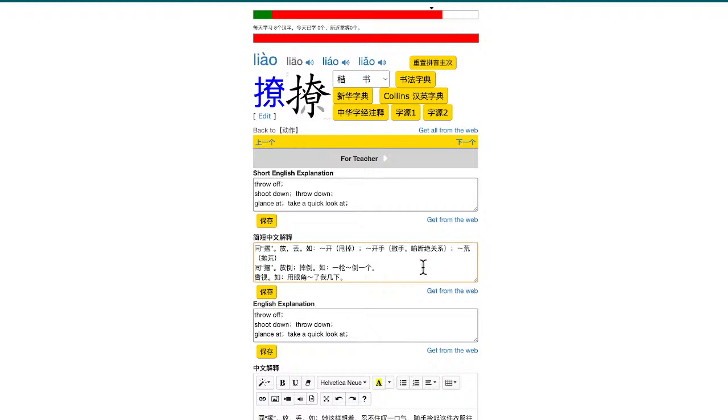Oftentimes people get mixed up and just use them interchangeably. With enough people doing that, this kind of usage, originally wrong, becomes right because so many people use it that way. This is one of those cases. So 撂 means throw off, shoot down, that kind of meaning.